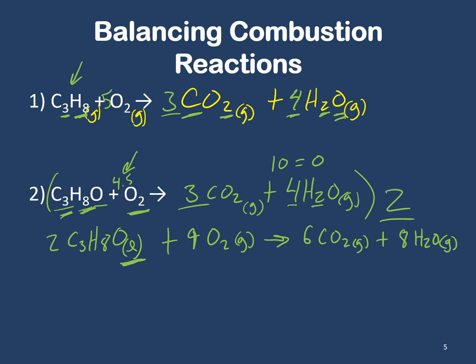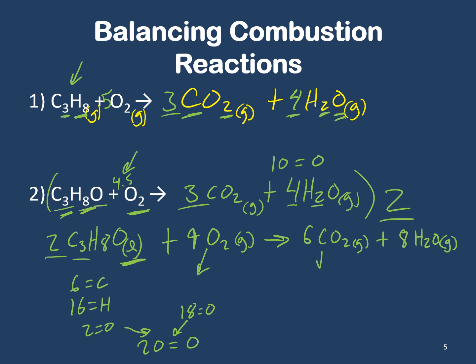And if we actually look at this, it's all balanced. 2 times 3 gives me 6 carbons. 2 times 8 gives me 16 hydrogens. And I get 2 oxygens from this compound, plus another 18 oxygens here, for a total of 20 oxygens on the reactant side.